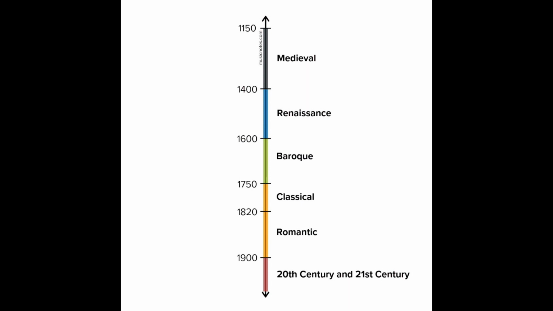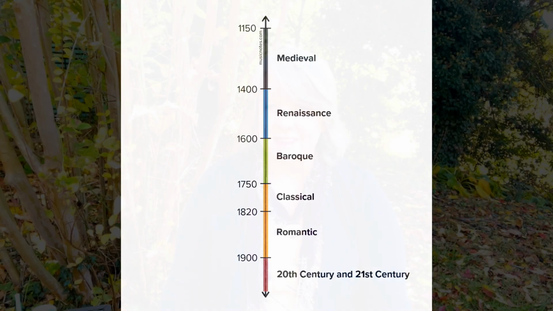Germany is very important during the Romantic era. Beethoven is from Germany, and they have a whole movement called Sturm und Drang, which is storm and stress. It's a literary movement that started in Germany, and Beethoven used it in his music, and Wagner, a new composer on the scene in the Romantic era, used it in his operas.